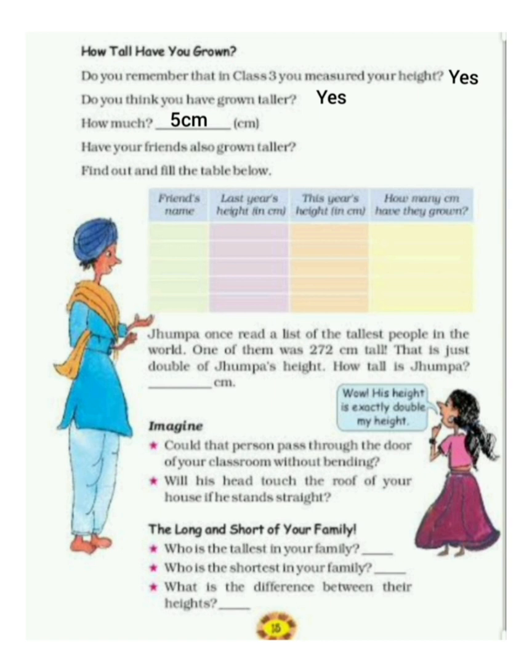My friend's name is Asha. Last year her height was 125 centimeter. This year her height is 128 centimeter. She has grown 3 centimeter taller. Okay, got it? In the remaining columns, you will write your friends' details.